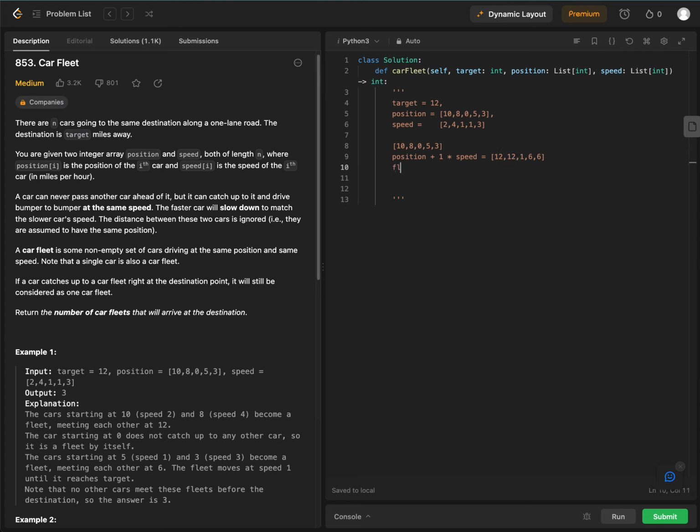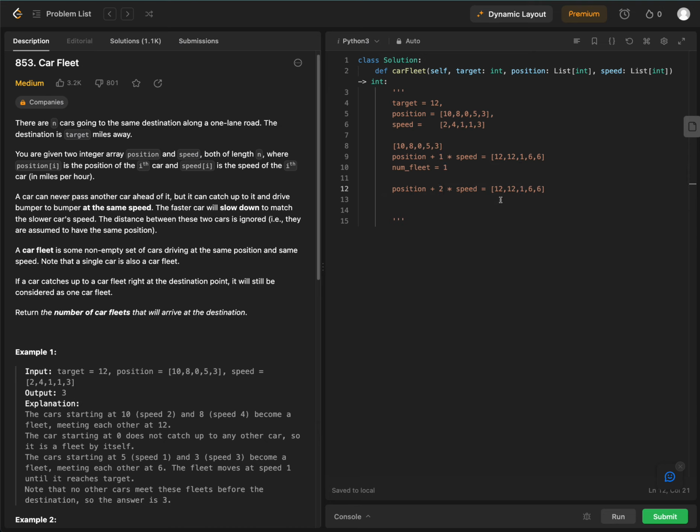We want to return num fleets, so let's say num fleets plus equals 1. For now num fleets is 1, and then similarly we do this again, position plus 2 times speed.